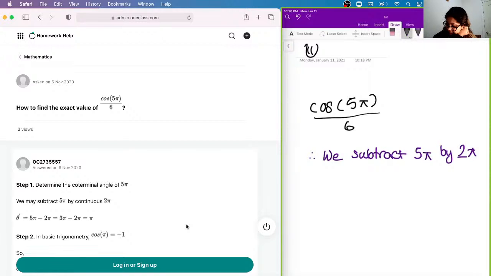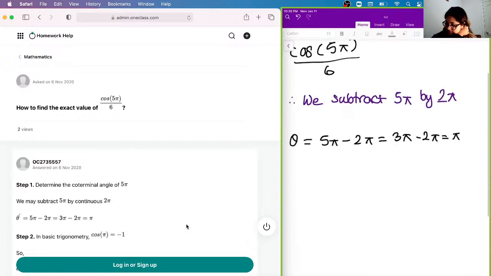So to find our angle, 5 pi minus 2 pi is 3 pi. Subtract this by 2 pi again, which is pi. And so these are related angles, you could say.